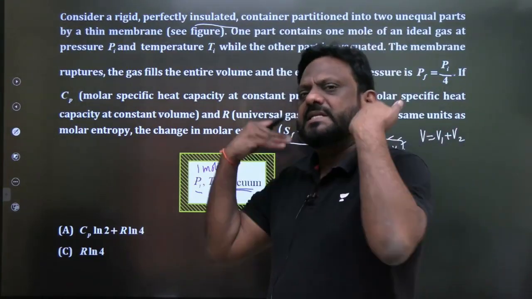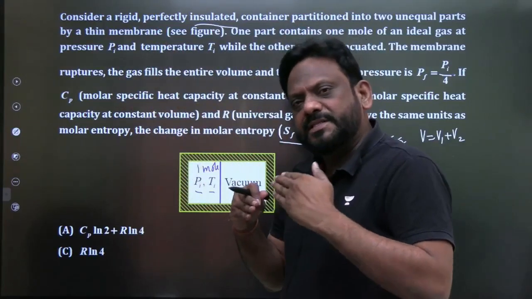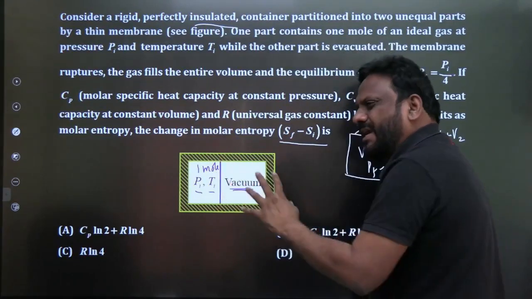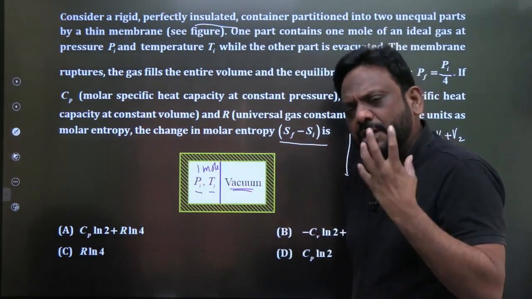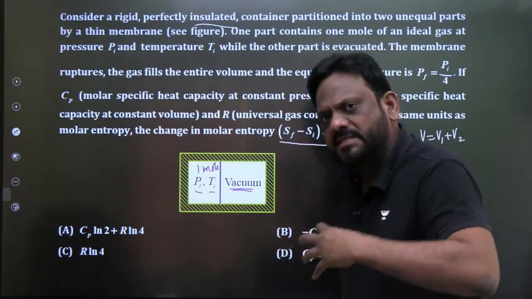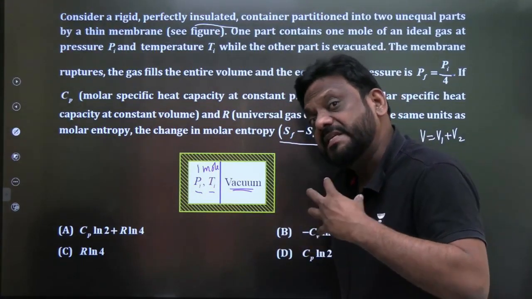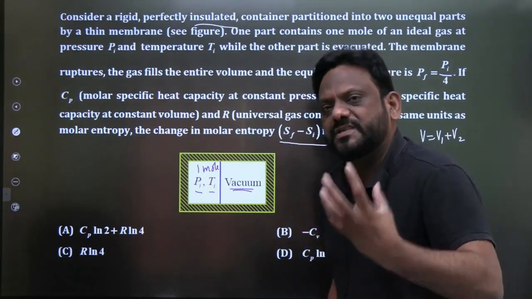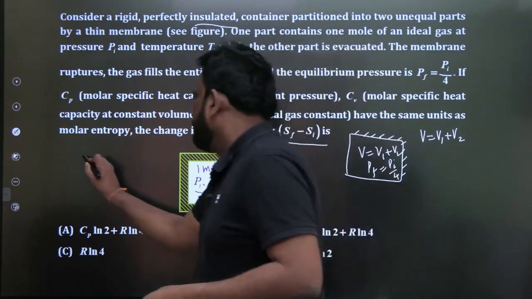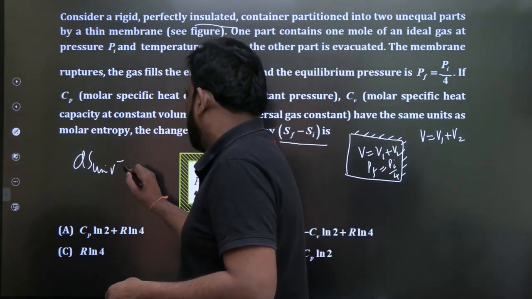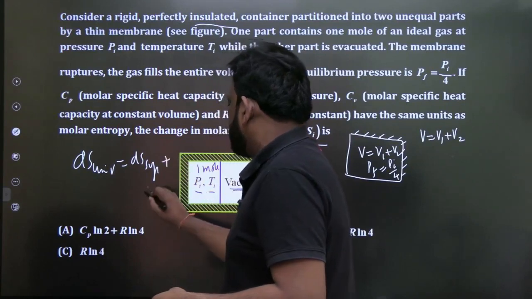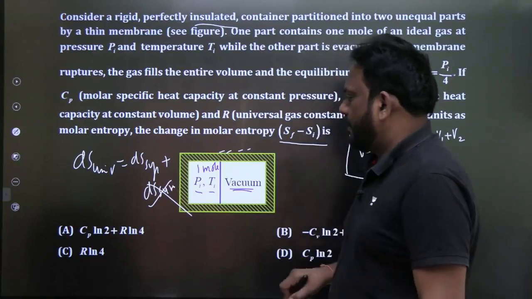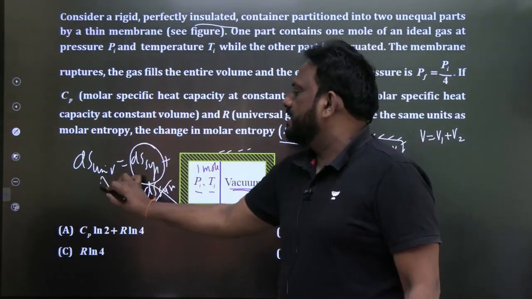Entropy change of universe is equal to entropy change of system plus entropy change of surroundings. As it is adiabatic, there is no entropy change of surroundings, so whatever the system entropy change is, it is the same as the universe.